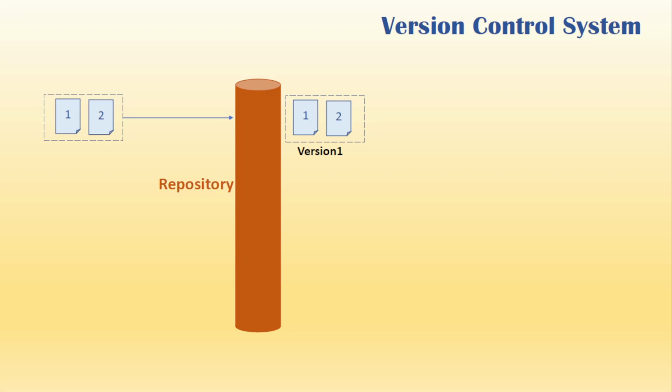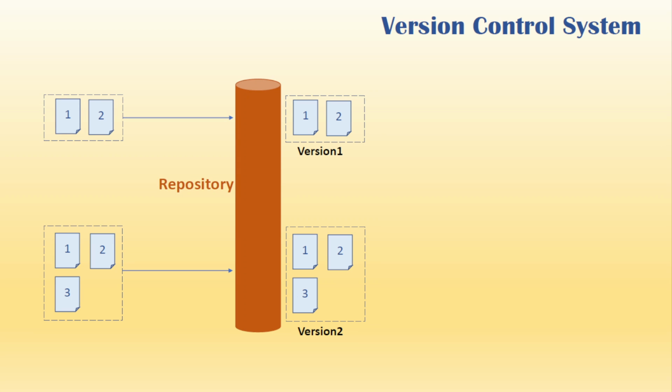Just understand it like you have added these files in a box and given that box the name version 1. Next day you come and work on another file in the same project, file number 3. Now you have 3 files, so you store it as version 2. This is also another box.